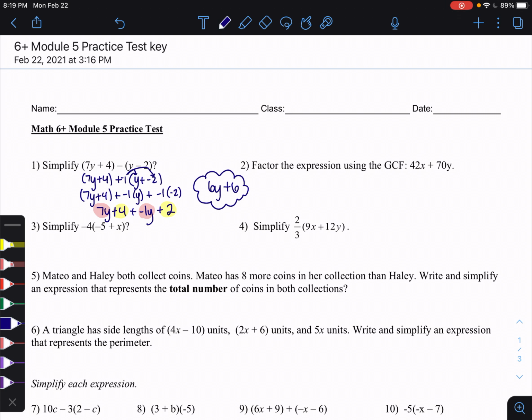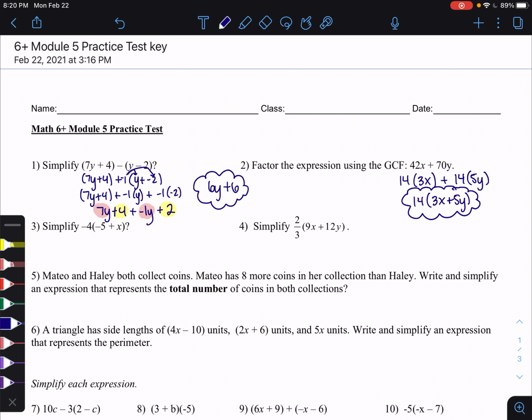So 42 is 14 times 3x, and 70 is 14 times 5y. And now I'm going to write this expression with the 14 outside of one set of parentheses. So it's going to be 14 times the quantity 3x plus 5y. So this is going to be my final answer here. Okay, this one was like the ones that we did in class where I said you're starting with the answer and you're trying to get back to the question.